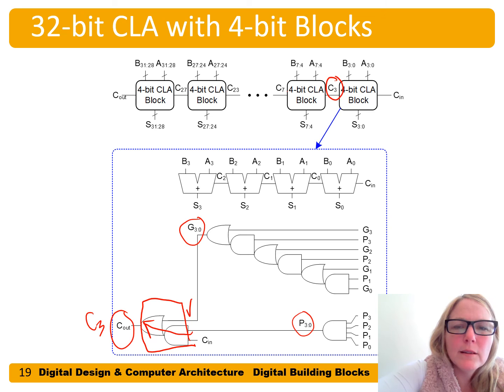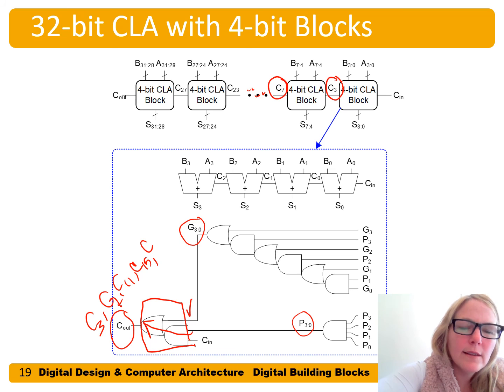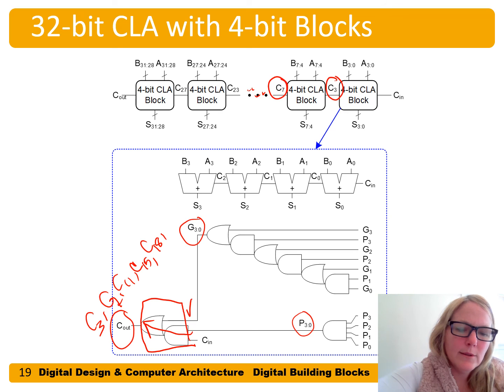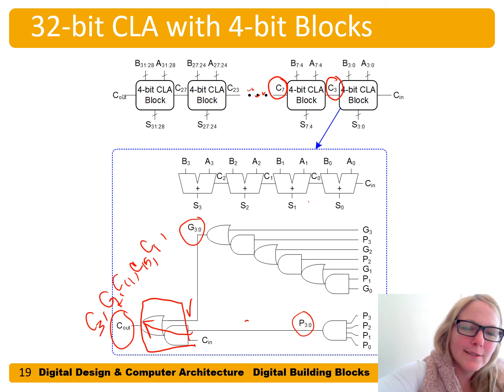And then it's going to be C sub 7. And the next one, C sub 11. And the next one, C sub 15, C 18. Should actually be C19. C19, I'll erase that. C19, C23, and C27.